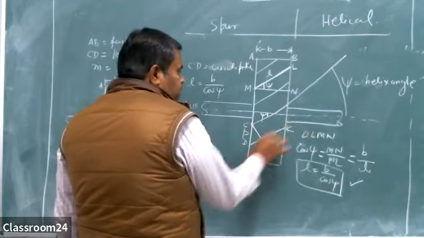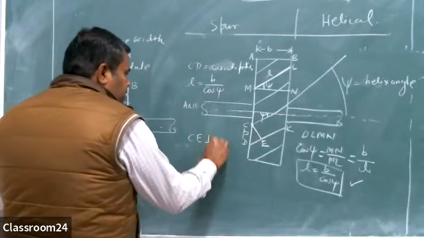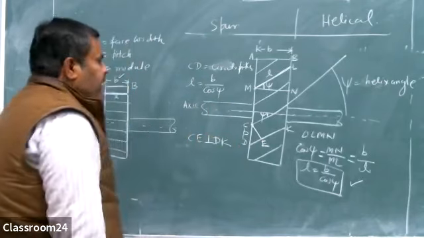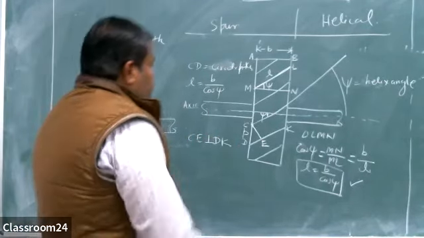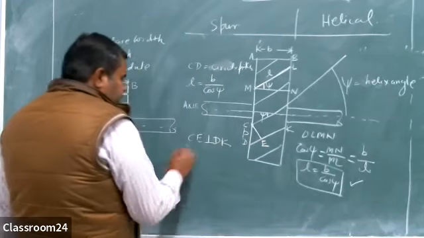So CE is perpendicular to DK, and triangle CED is a right angle triangle.